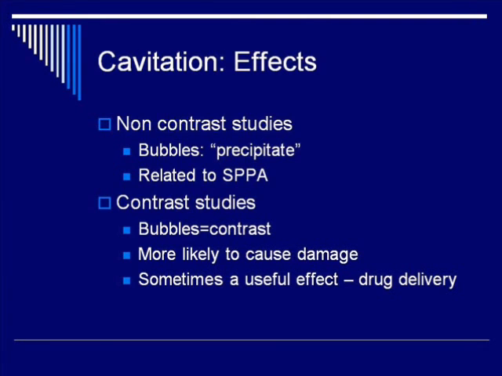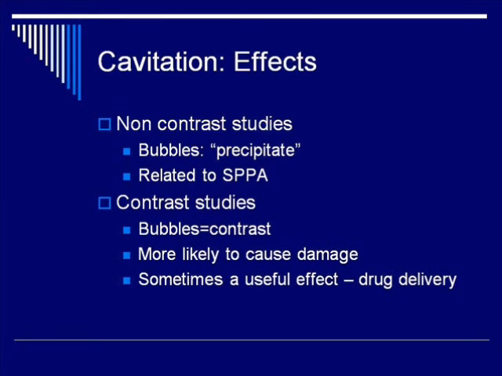So gas already dissolved in the tissue precipitates out, much as it would when you open a bottle of pop. The measurable quantity that we can talk about that's most related to this is the spatial peak pulse average intensity, the SPPA.